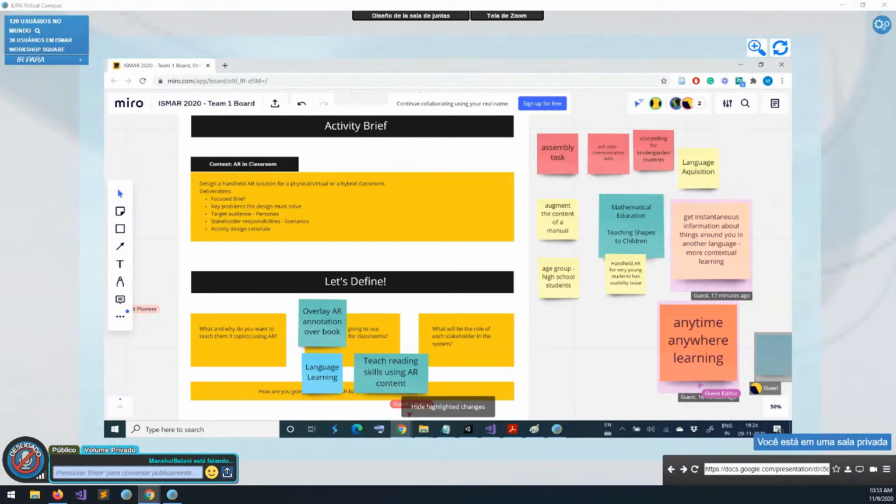And last, this would provide an anytime, anywhere learning module where students, wherever they are walking or playing, can just take out their phone and start learning about things. A few more features we discussed were teaching pronunciation within the application itself, because pronunciation is an important part of language acquisition. While I'm trying to say a word, I get a pitch graph or something like that augmented in my world, which I can follow to say the right pronunciation.